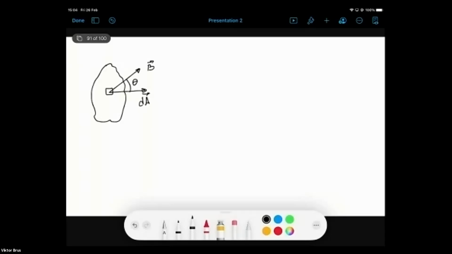So magnetic field flux through this small segment could be represented as a scalar product of the magnetic field vector and dA vector.